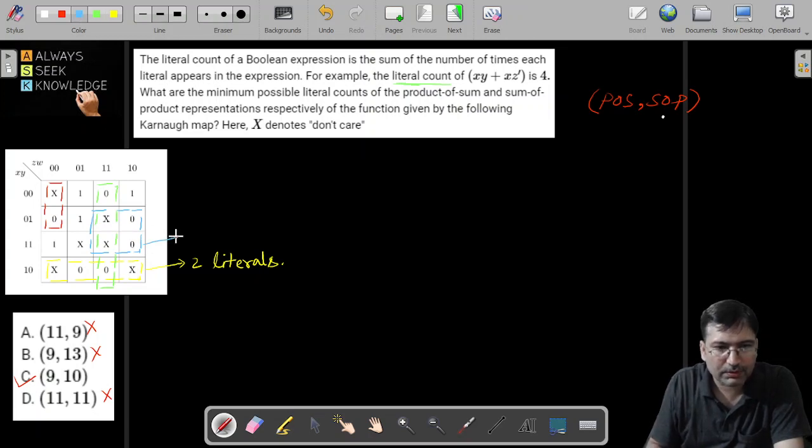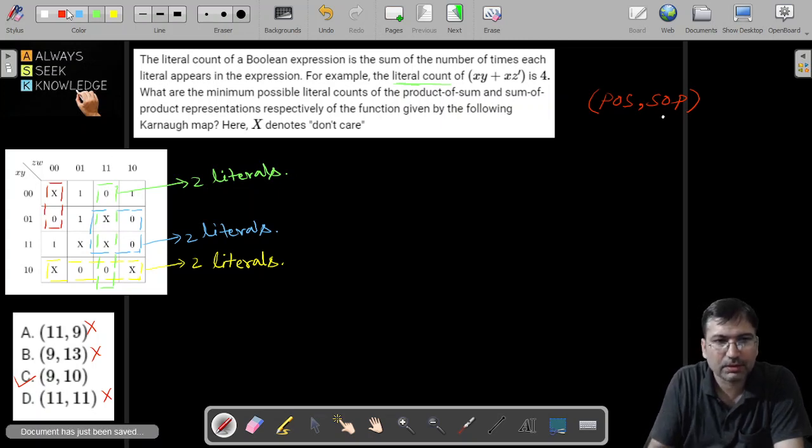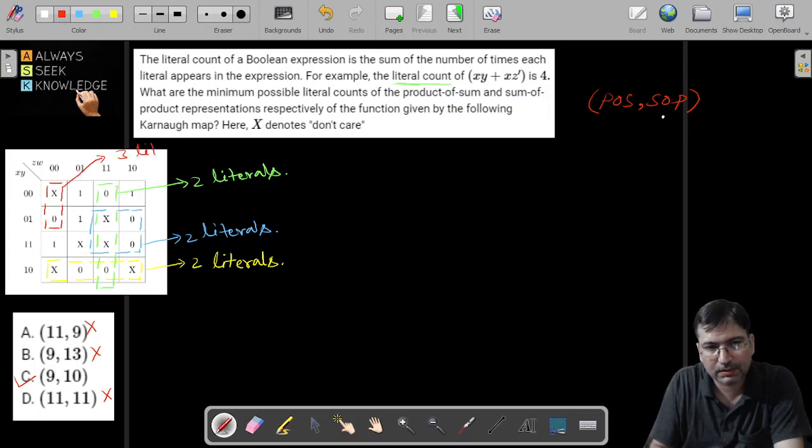This group will also give us 2 literals because 2 will be eliminated, and this green group will also give us 2 literals because it is the group of 4 members. Now this red group will give us 3 literals, right? So you can find out 2 plus 2 plus 2 is 6, 6 plus 3 is 9 literals.